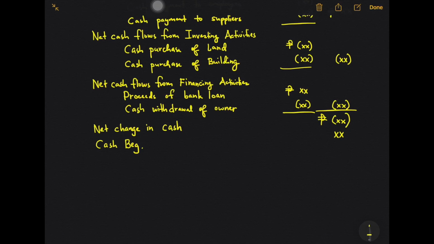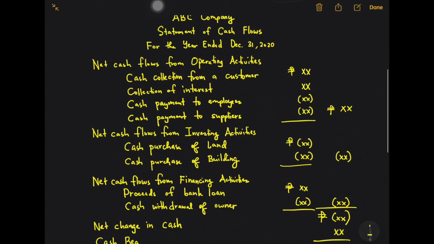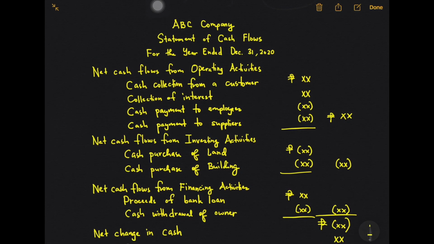That is because you cannot have a negative value for cash. So you get the sum to get the cash end. And this should be a positive value. And as I mentioned in the previous video, the value of cash end is the value of cash in the balance sheet. And that is how you present the statement of cash flows under the direct method of presenting the operating, investing, and financing activities.